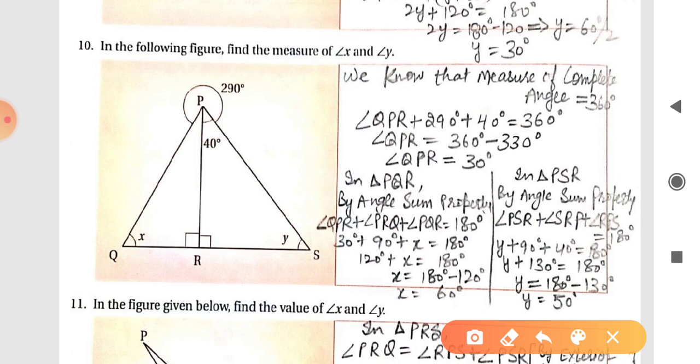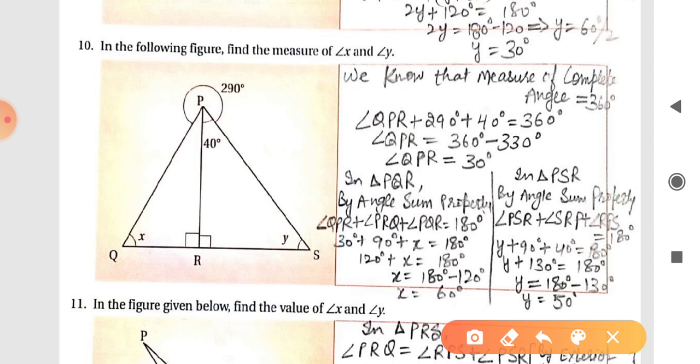To find the value of x and y, firstly we will find this angle. To find this angle, we already know that the measure of a complete angle is equal to 360 degrees. Then we will add all these angles in this complete angle.